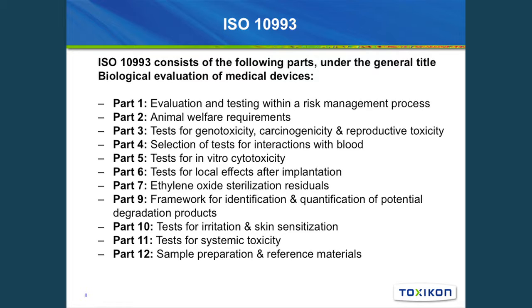So what are the ISO standards, ISO 10993 standards for biocompatibility? There's about 20 parts, and they're all under the general title for looking at the biological evaluation of medical devices. What I have here is parts 1 through 12, and we're going to focus mostly on parts 1 through 12 that I've highlighted here in red.